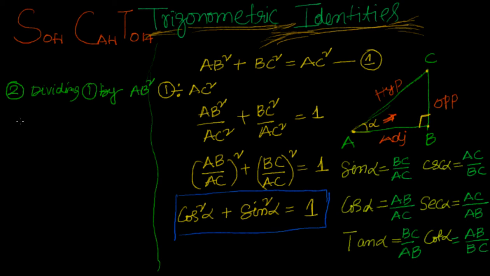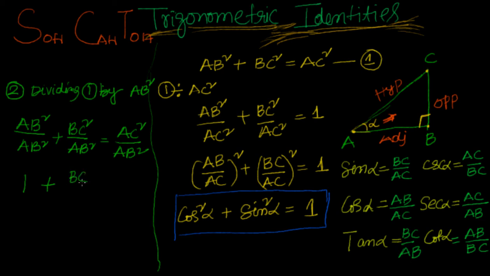See what happens. This becomes AB square by AB square plus BC square by AB square is equal to AC square by AB square. Right? Are you with me? AB square by AB square is 1, plus BC by AB whole square is equal to AC by AB whole square.